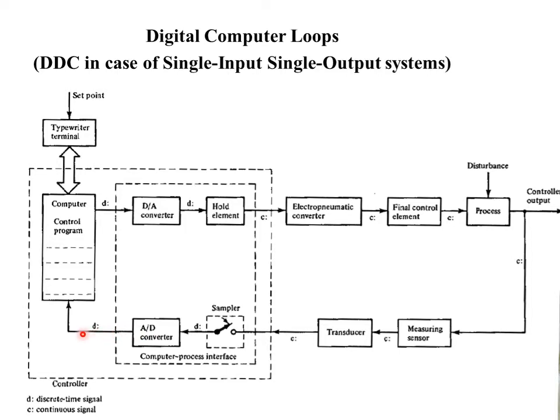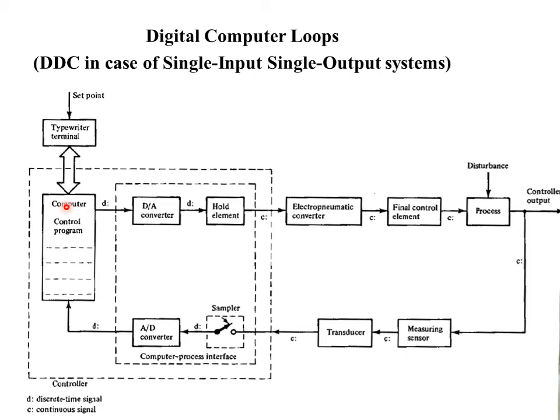This digital output goes to the computer control program, which compares the value of this digital feedback from the A to D converter with the set point given by the operator through a kind of typewriter terminal, and the error is generated. The error is then computed in terms of some PID algorithms which we will be discussing in due course of time.